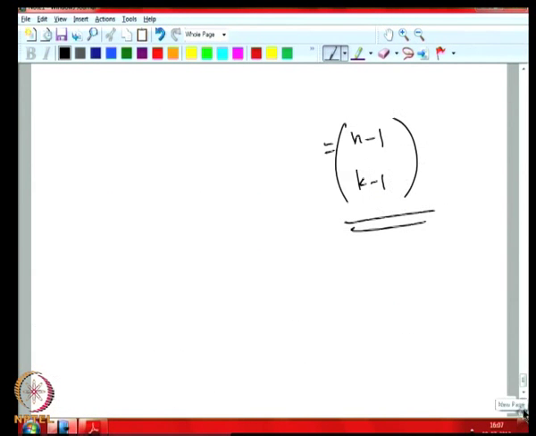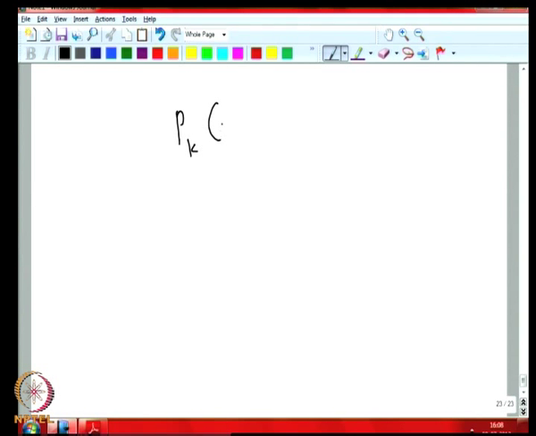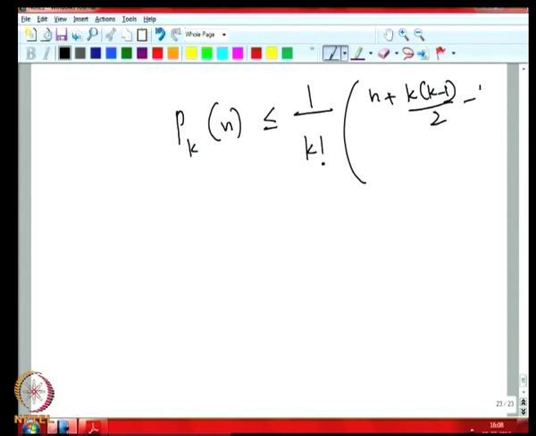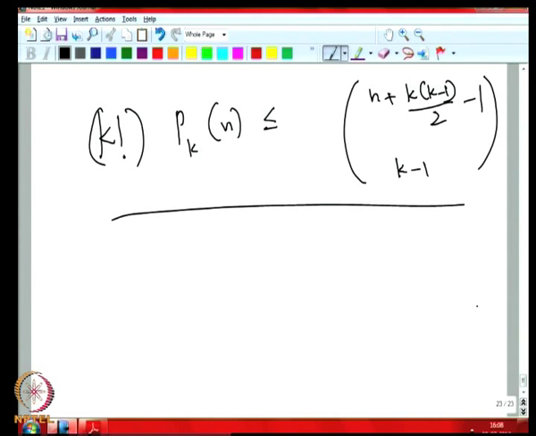So, we want to show that pk of n is less than or equal to 1 by k factorial into n plus k into k minus 1 by 2 minus 1 choose k minus 1. Or in other words, we want to prove that k factorial into pk of n is less than or equal to this.